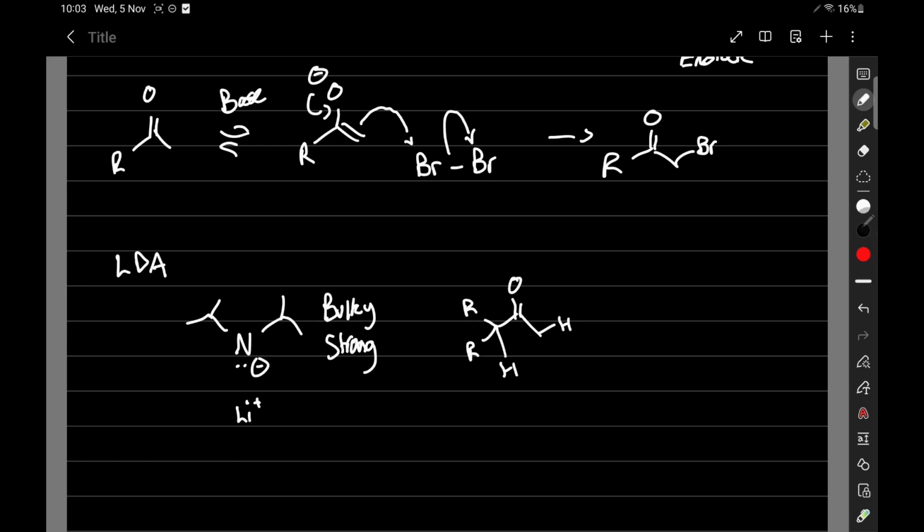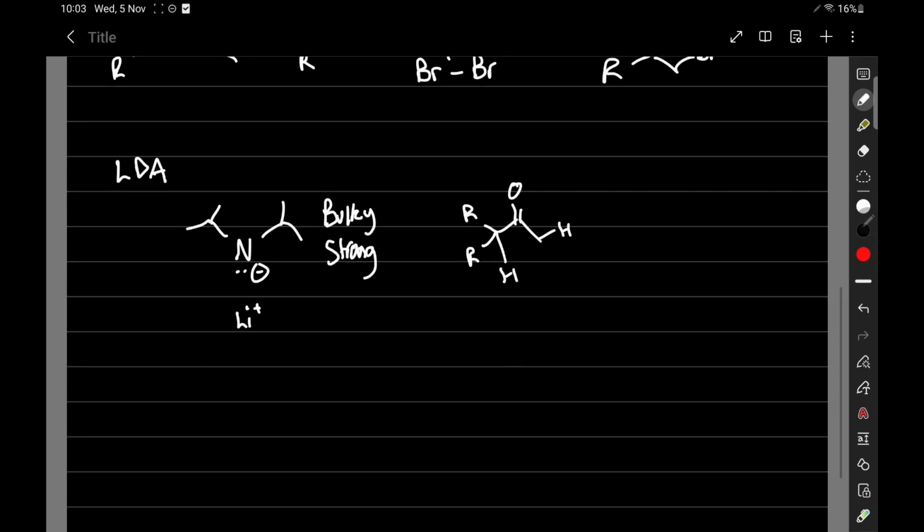If I add base here, which one is going to get deprotonated and which enolate am I going to make? You have two options. You can form the thermodynamic enolate.